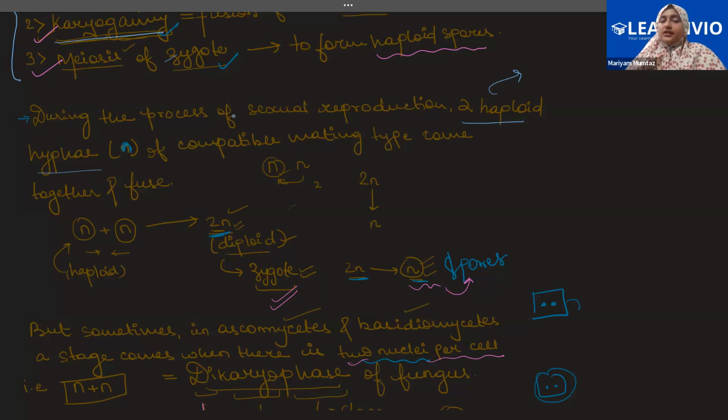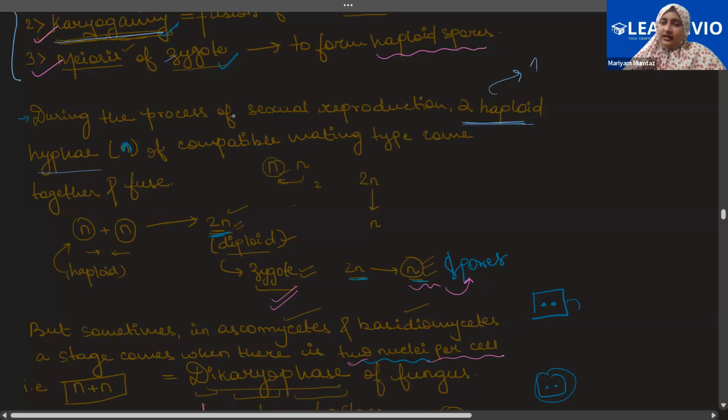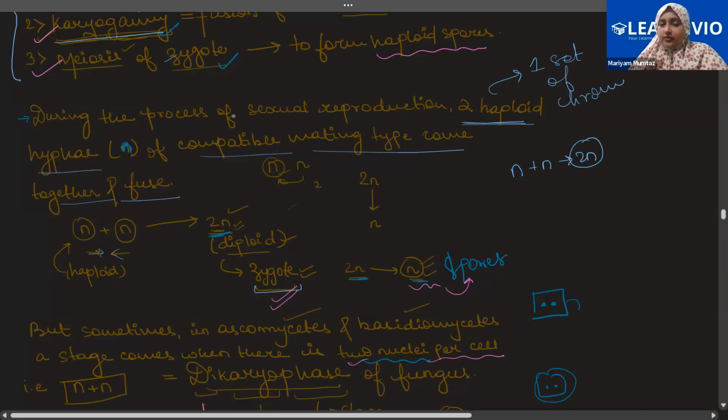So during the process of sexual reproduction, two haploid hyphae, with one set of chromosomes, of compatible mating type come together and fuse. Meaning two haploid nuclei will fuse, and when N plus N happens, it gives rise to 2N, that is a diploid condition. So this diploid zygote will be formed.